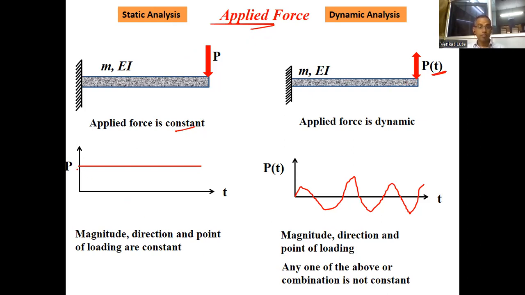Now the magnitude of the force is also constant in static. Here the magnitude of force is varying, sometimes less, sometimes more. And also the direction: the force direction is downward in static. Here force direction can sometimes be upward or downward. So this is the difference between static and dynamic analysis in terms of the applied load.